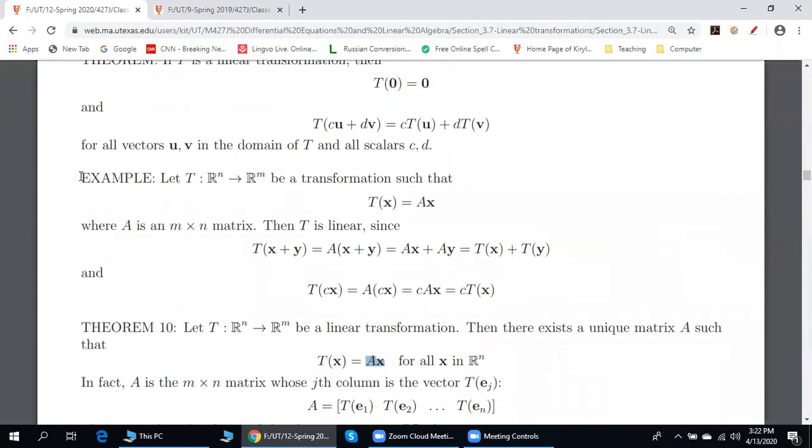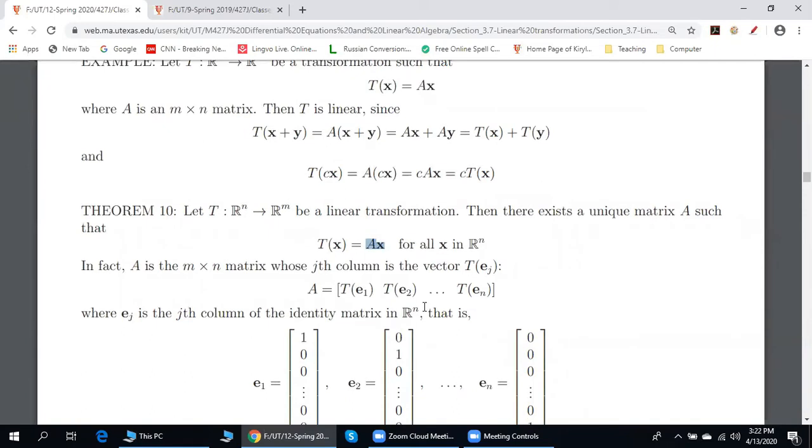So compare this example and theorem 10. In this example, we say that if we have a transformation of this form, it is linear. Theorem 10, vice versa. If our transformation is linear, it can be written as Ax.